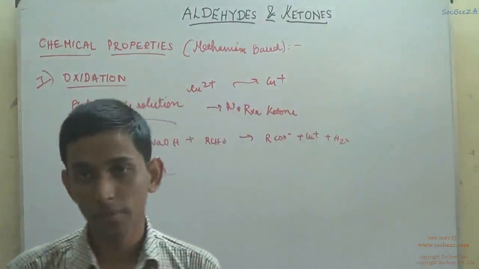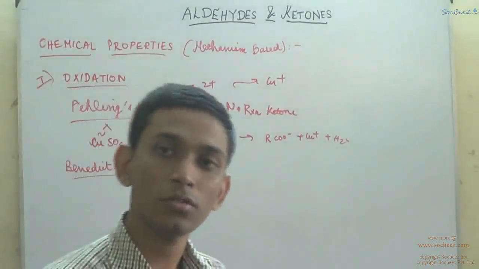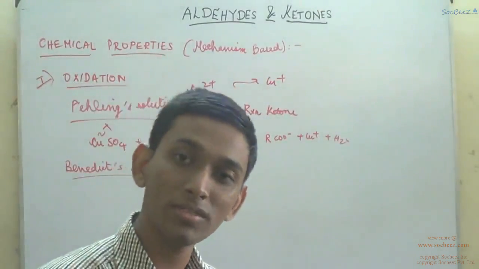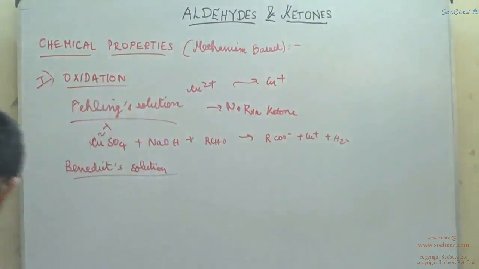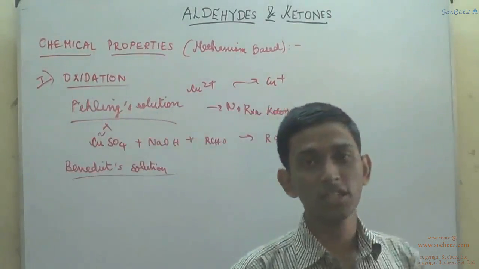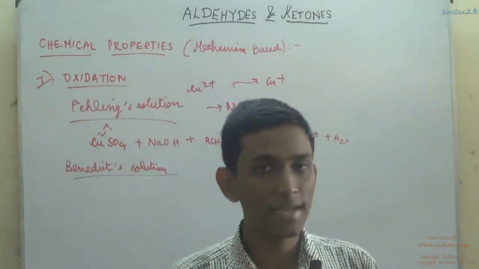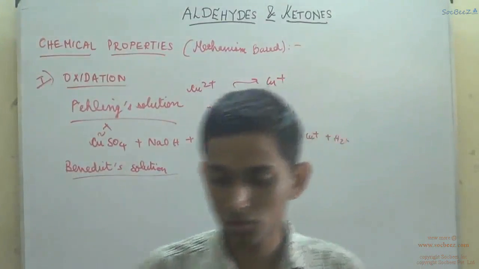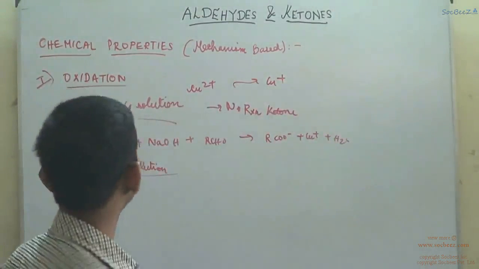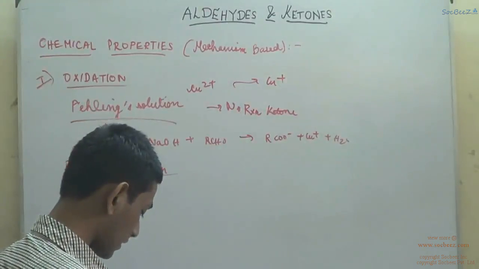So Benedict's solution also has two parts: one is copper sulfate, and another consists of sodium citrate in the presence of sodium carbonate. Okay. So again there is no reaction with ketones, and you get a reddish brown precipitate when you treat with aldehydes. Benedict's solution: reddish brown precipitate with aldehydes, no reaction with ketones. In the case of Fehling solution, the blue color disappears in the presence of aldehydes.